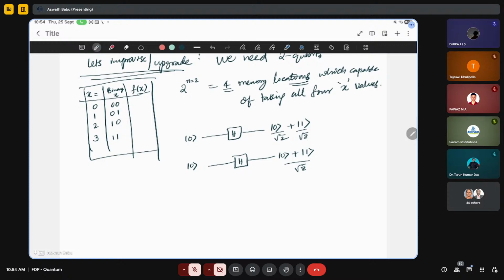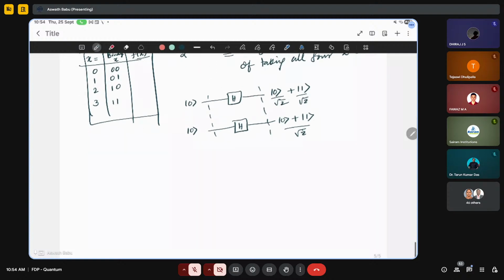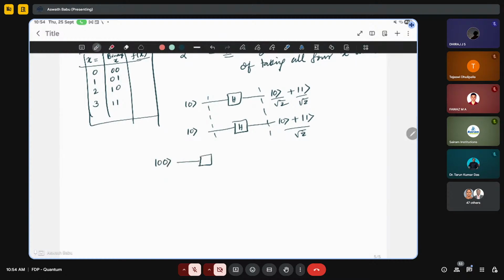Let's take the states going through this couple of Hadamards. On the left-hand side I have 0 0 going through two Hadamards, which I'll write as a tensor square: 0 ket plus 1 ket divided by square root of 2, tensor 0 ket plus 1 ket divided by square root of 2.